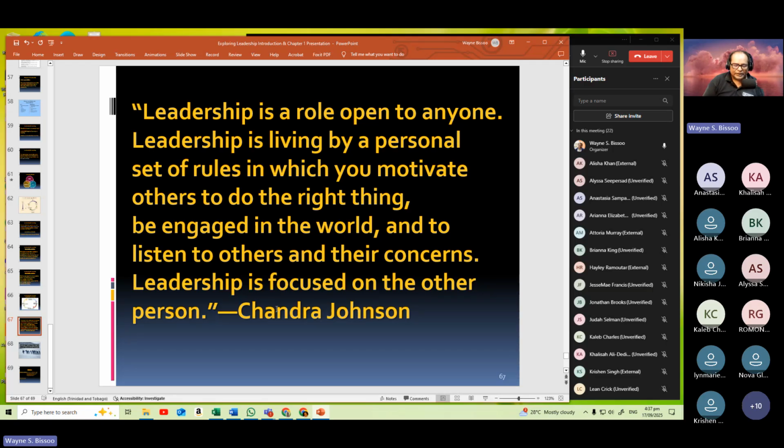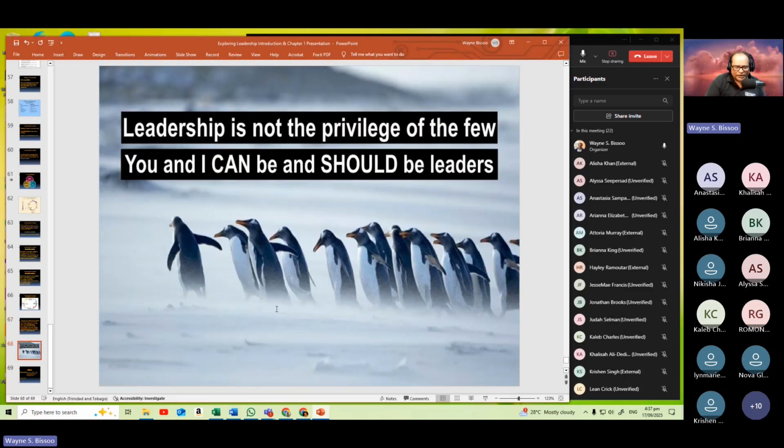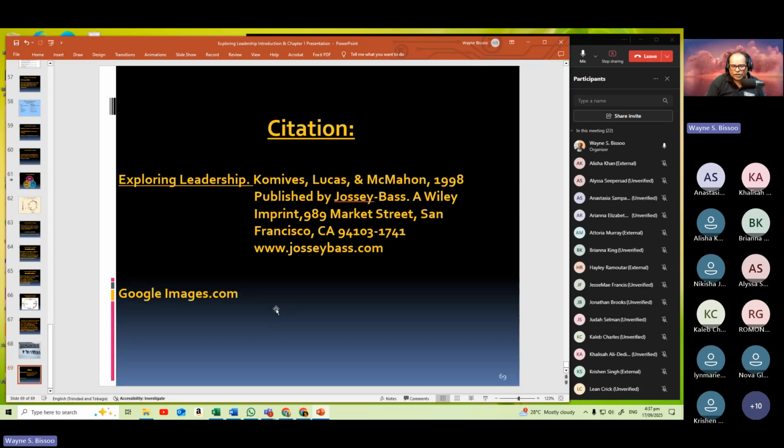So we're going to find ourselves paying attention to that. Final quotation I want to leave you all with is: leadership is not the privilege of the few. Both you and I can and should be leaders. So this is where we begin a journey into looking at the relational leadership model.